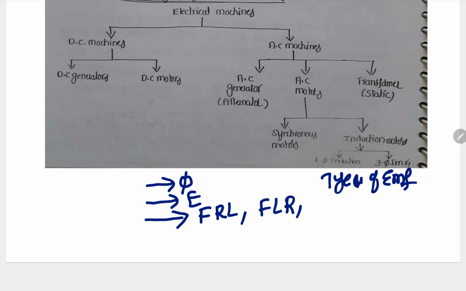We also discussed how force or torque is developed on a conductor: whenever a current carrying conductor is placed in a magnetic field, a force is exerted on the conductor. And we discussed some terms related to magnetic circuits, like mmf and reluctance.